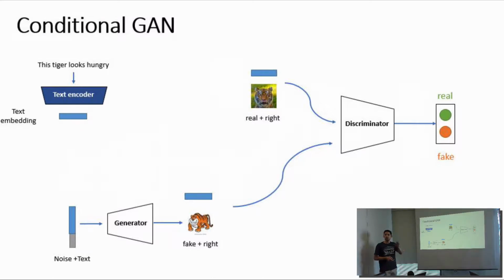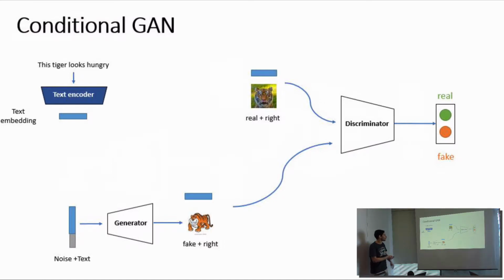So this is what they call a conditional GAN. The concept is the same. Instead of trying to discriminate two types of images, you can think of it this time as trying to discriminate between pairs of examples. The pairs here are images plus some text embeddings, right?